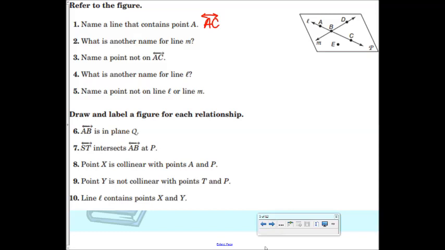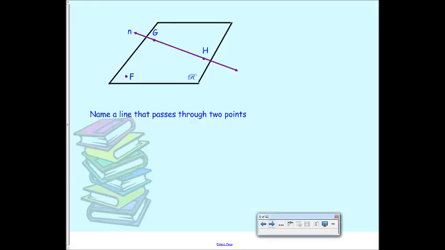Name a line that passes through 2 points in this figure. What's a line that passes through 2 points in this figure? We can either call it line N, or how else could you name it if we're using geometric notation? GH, and what should I put on top? People will get the GH right and then not put the line on top. If you don't put the line on top, do you think I'm going to mark it right or wrong?